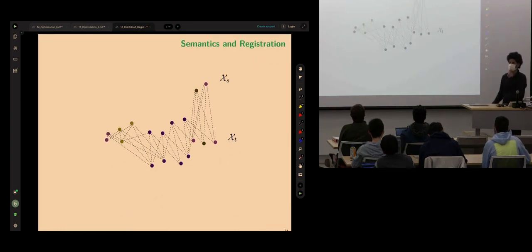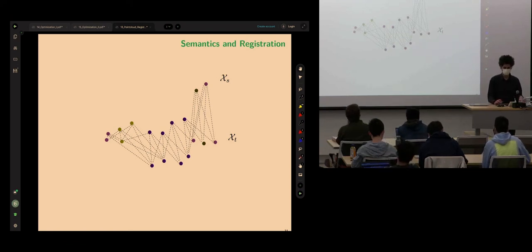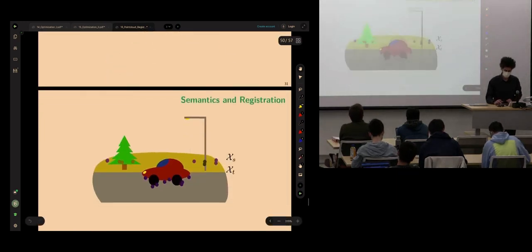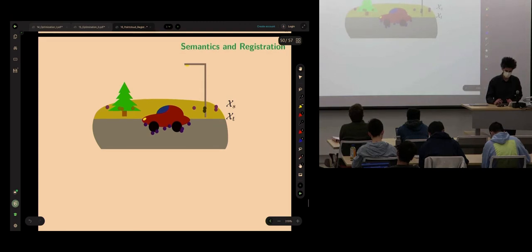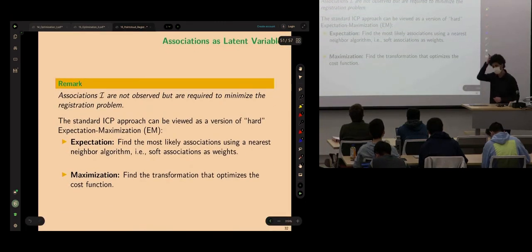However, in practice, probably the labels are not perfect. They're coming out of a softmax function, so they have some probabilities. One idea that we did is, well, let's delay the decision, use the probabilities. And that leads to an extension of this GICP to a framework that has two steps, expectation and maximization.